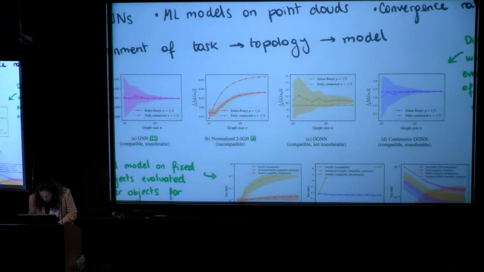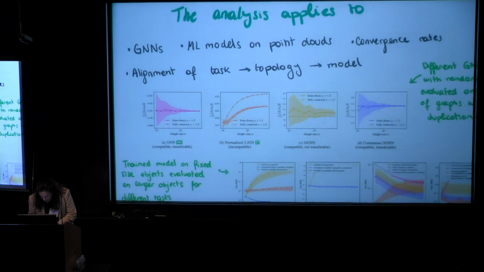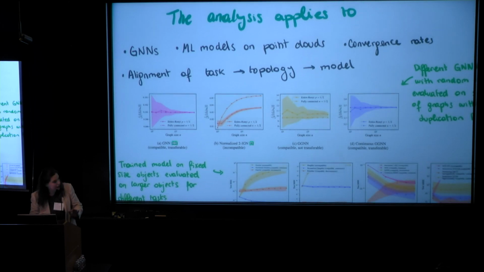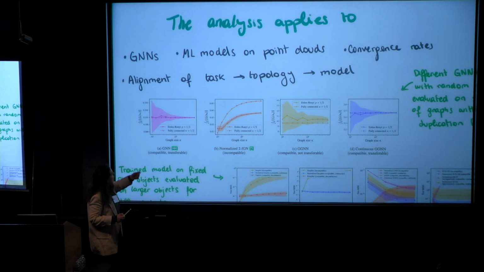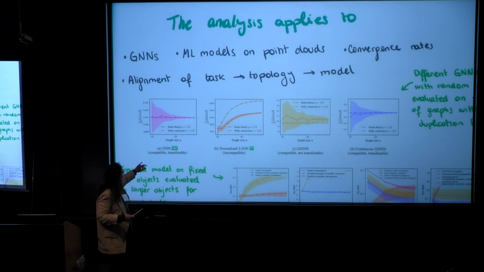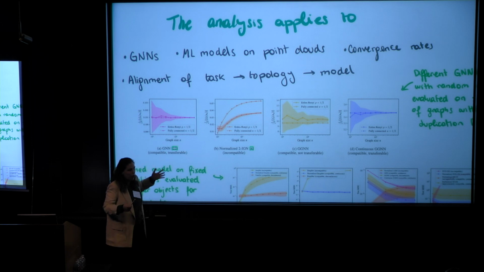So for different GNNs, you can look at what the GNN does when you make the graph larger, depending on how the model is normalized. Then you can see whether the model is compatible or transferable or not. Compatible meaning that the diagram commutes, and transferable meaning that the limit is continuous.